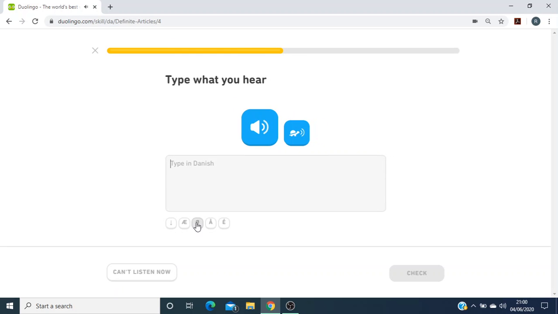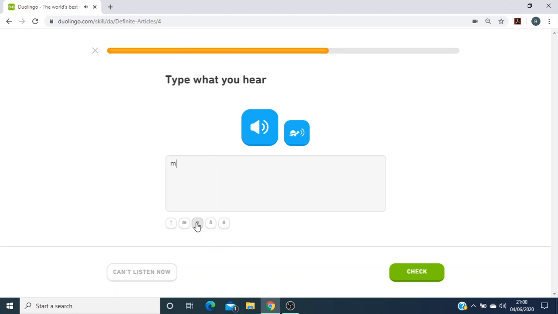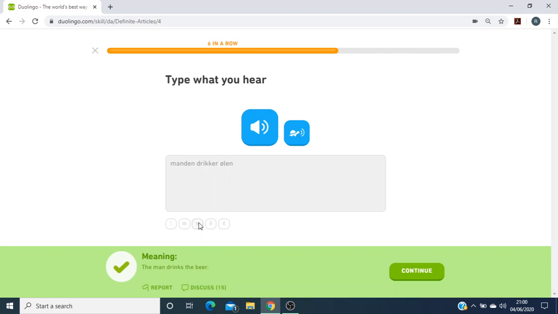En pige spiser tomaten. Girl is eating the tomato. Manden drikker øllen. The man drinks the beer.